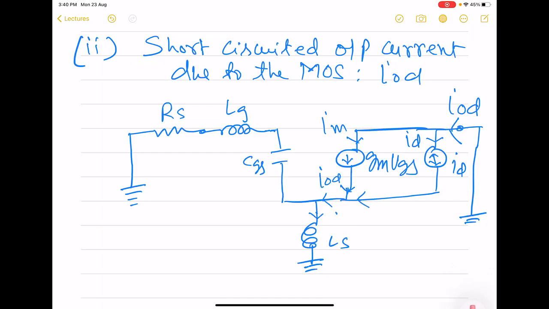Actually, this IOD will get split into two currents, one into the gate side, which we will call I1, other into source side, which we will call I2.